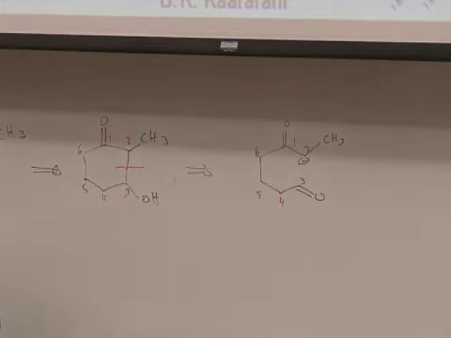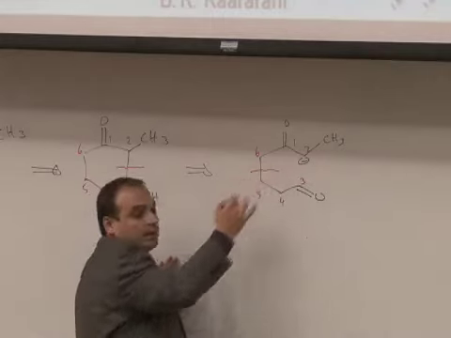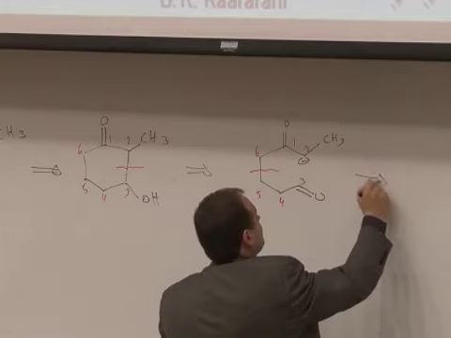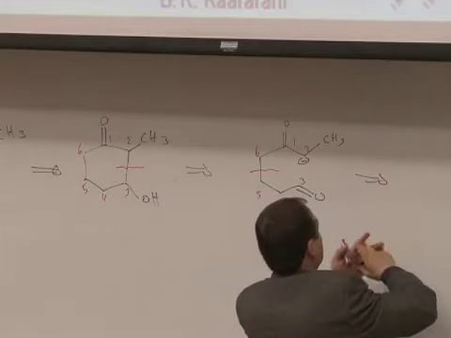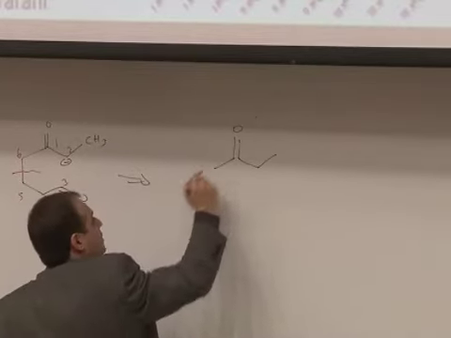And then where are you going to break the second bond? Between 5 and 6. You break right here. And you are going to get double bond O, CH2, CH3, CH3.